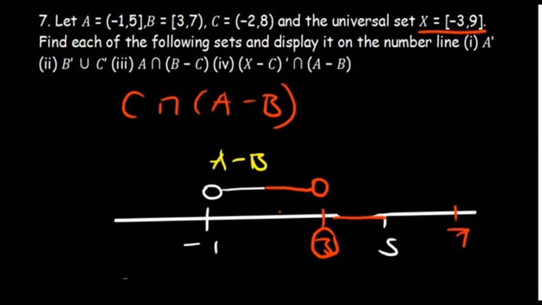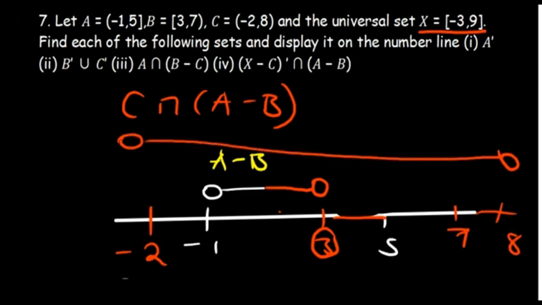Then we need to intersect this with our C. Our C is moving from -2 up to 8, so I'll write it. That is our C. The intersection is the region that is overlapping. So this is the intersection.